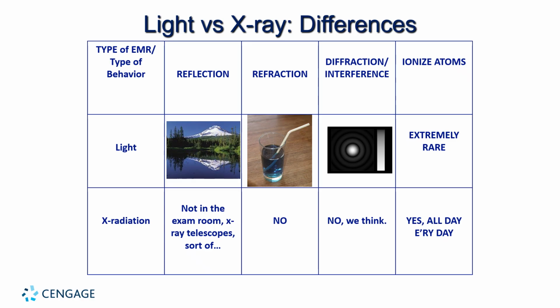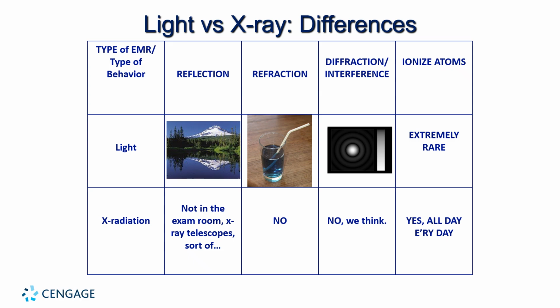Okay, and so the modern understanding, there's variance about the behavior of photons according to the energies of the Planck equations. And so light has lower frequencies and lower energies than X radiation.